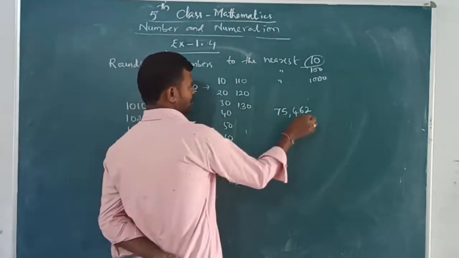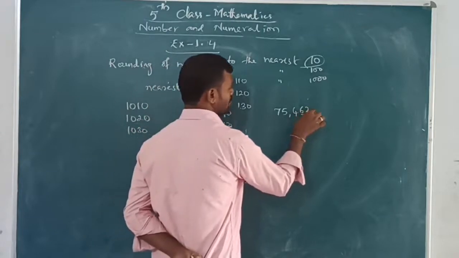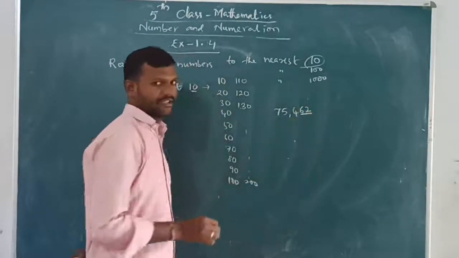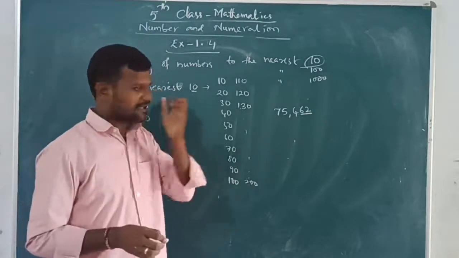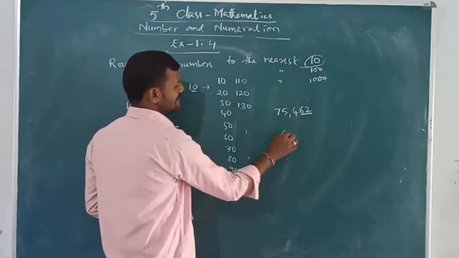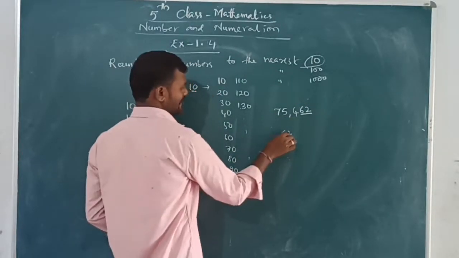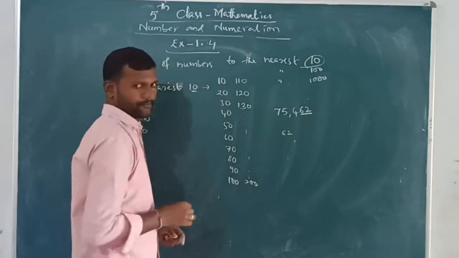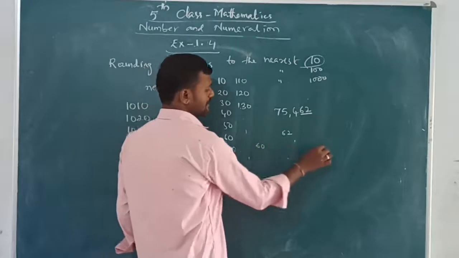Only 2 digits you have to consider, ones and tens. What are the 2 digits? 62. 62 is between 60 and 70.